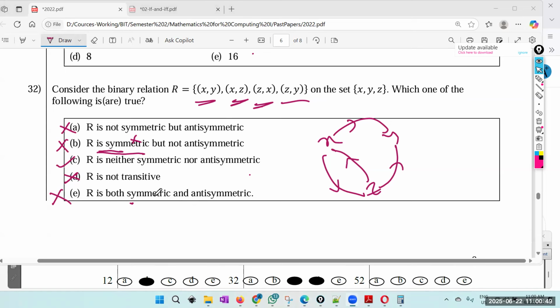Not transitive. How can we say not transitive? Can we see any possibility of violation of transitiveness? X to Y, X to Z, Z to X, Z to Y. Whenever A to B, I can see B to A. A to B and B to C, I can see A to C. Can you see anything?